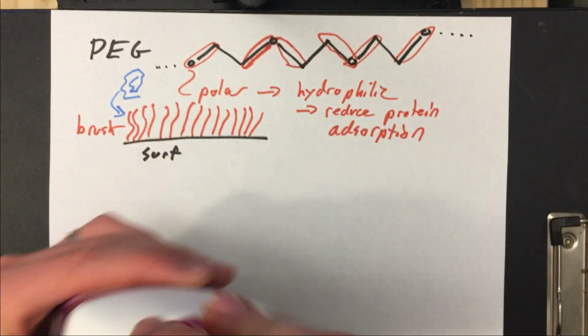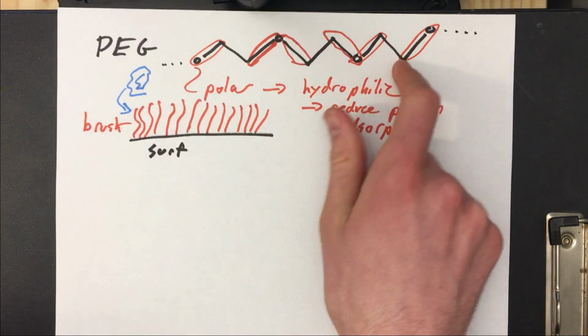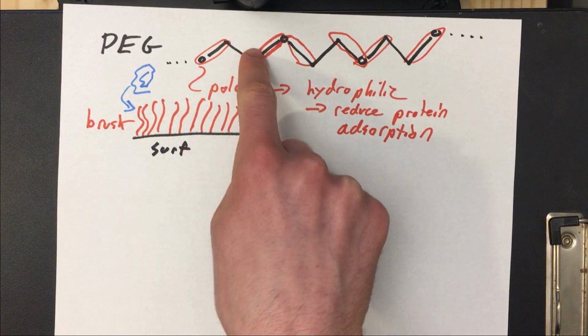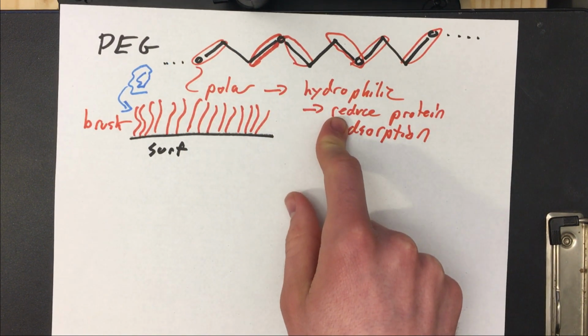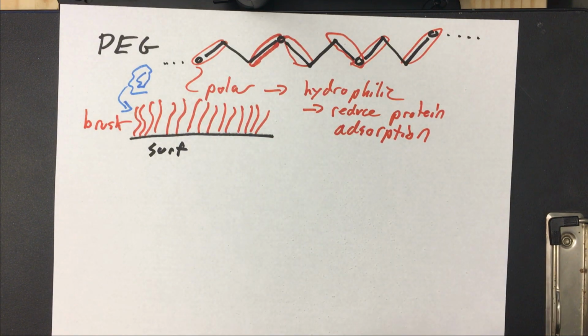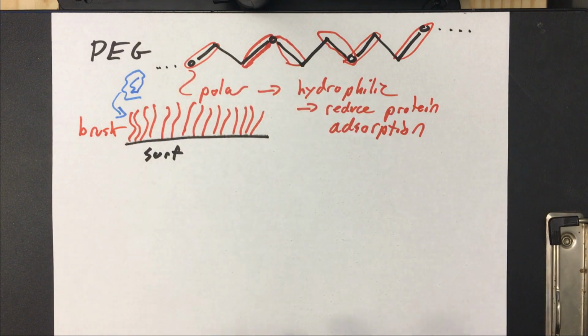When you consume Miralax, what does it do? It's basically these big long polyether chains that are very hydrophilic. And what it does is, it passes through your gastrointestinal tract, and your body doesn't really have too much that can break down PEG on the order of a couple of days.